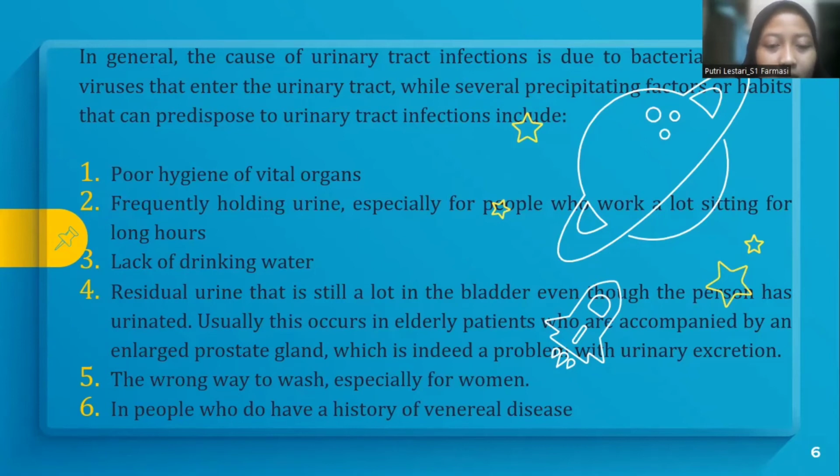Usually this occurs in elderly patients who are accompanied by an enlarged prostate gland, which is indeed a problem with urinary excretion. 5. The wrong way to wash, especially for women. 6. In people who have a history of venereal disease.